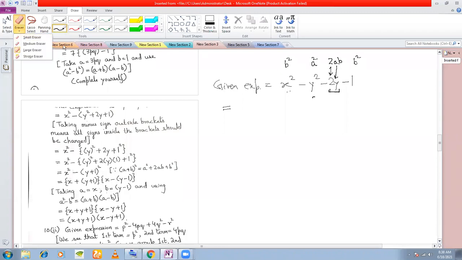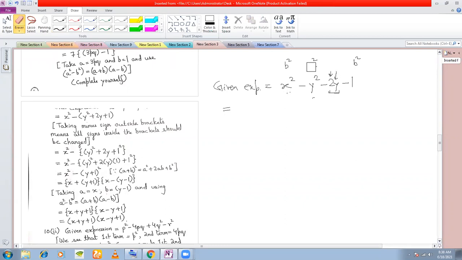So what you do here is x square looks like a b square, but if you see 2ab here, 2y here can be written as twice of this y here and this 1 here, right? So once you see a 2 there, you try to break this up as twice into y into 1.